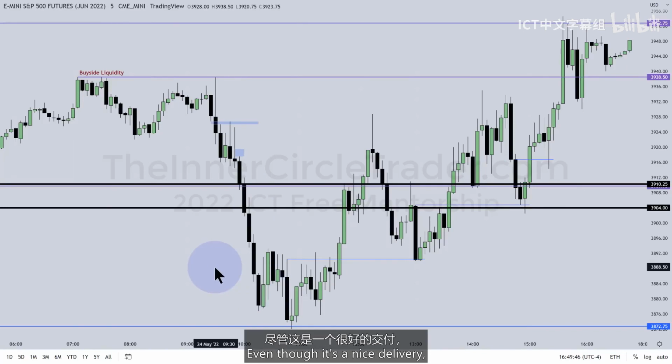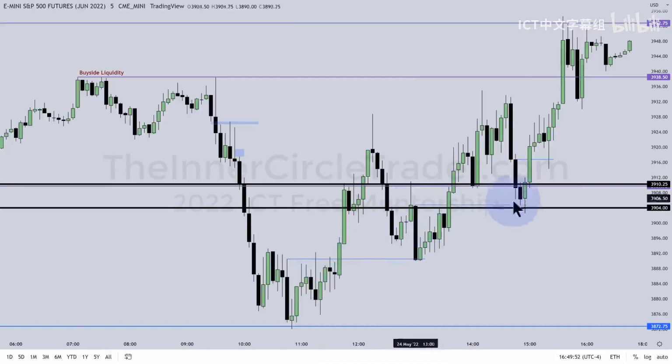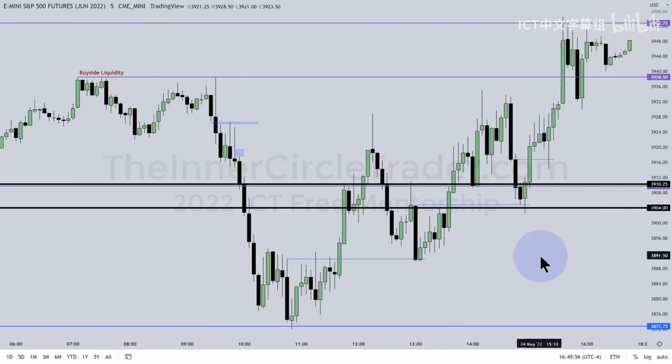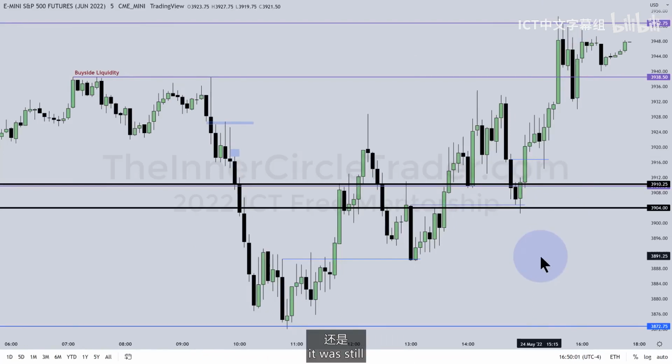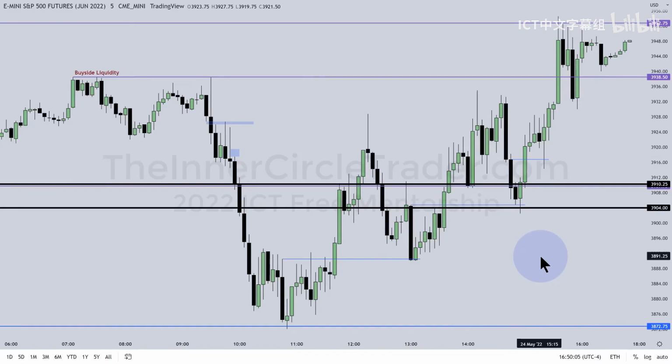Even though it's a nice delivery, it's not giving you all of the mechanics of entry, like this one here, this one here, this one here, and then run to the objective I was drawing your attention to today. So the morning, while it was still potentially profitable, and I was able to call it for you live, that really wasn't my choice session, because I didn't have a real clear view on what I wanted to see.